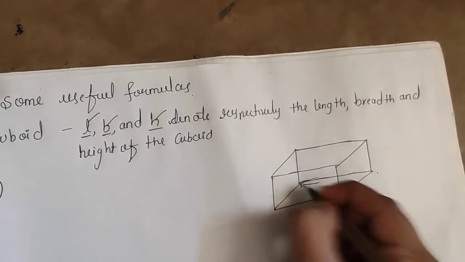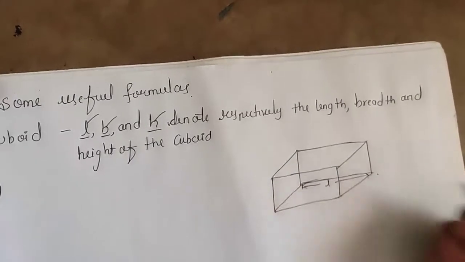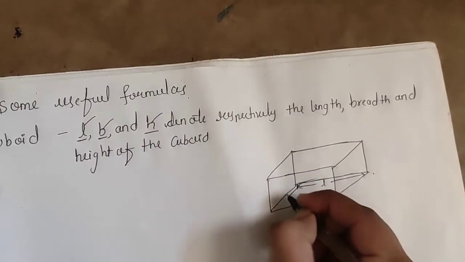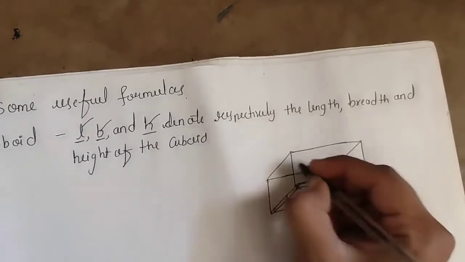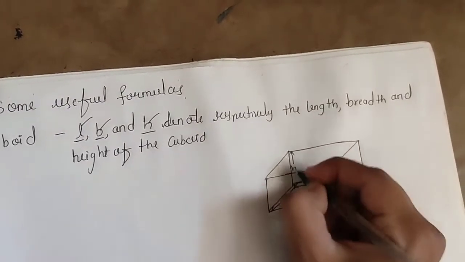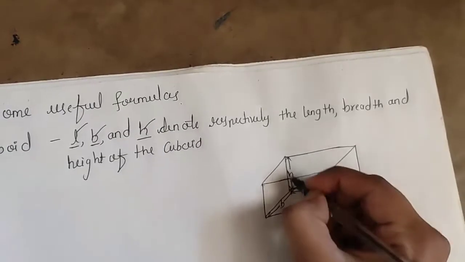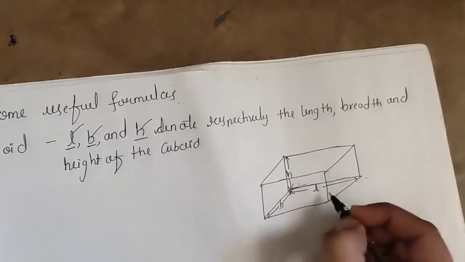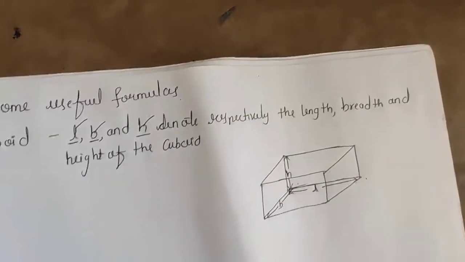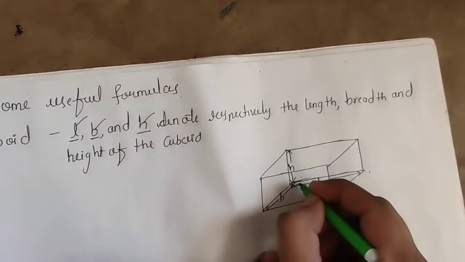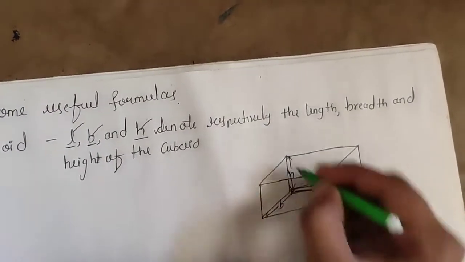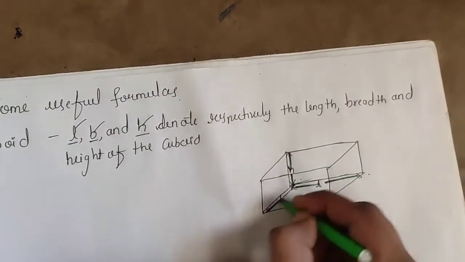This is L. This is B. This is H. This is height of the cuboid, this is length of the cuboid, and this is breadth of the cuboid.